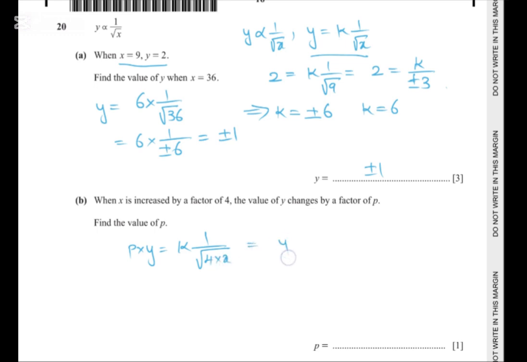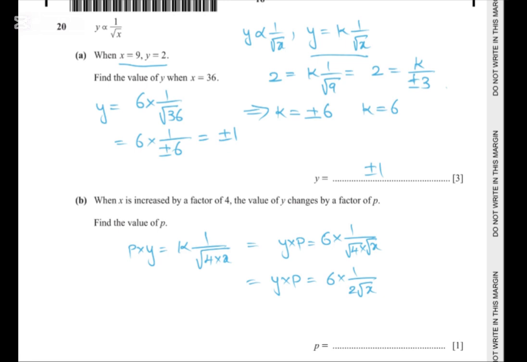So then y into p is equal to k, which is 6, into 1 by root 4 into root x. Root 4 into root x, that will be y into p is equal to 6 into 1 by 2 root x.